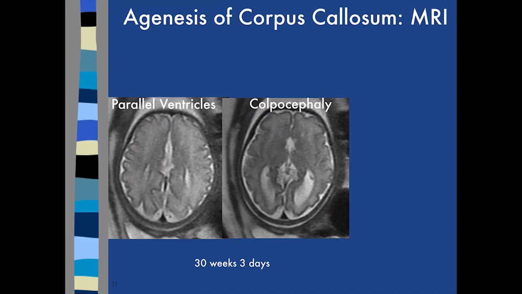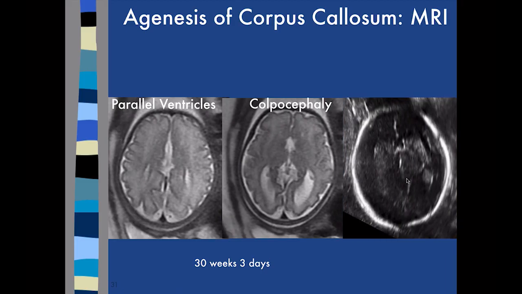Here's an MRI on agenesis of the corpus callosum, and you can see that this study at 21 weeks was called a normal cavum, but it really wasn't. It was really fluid that was in the interhemispheric fissure between the two hemispheres, and this was a pseudocavum.